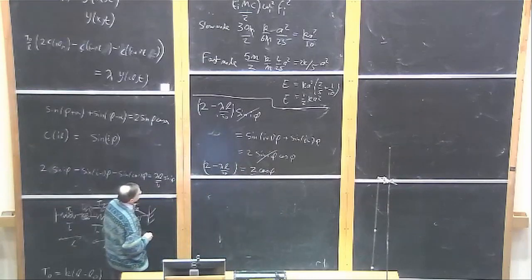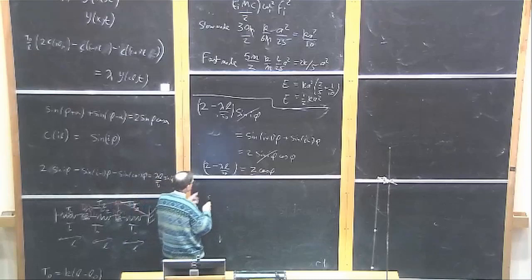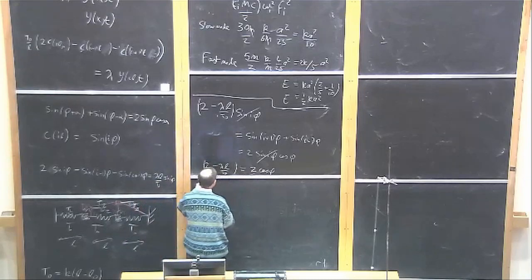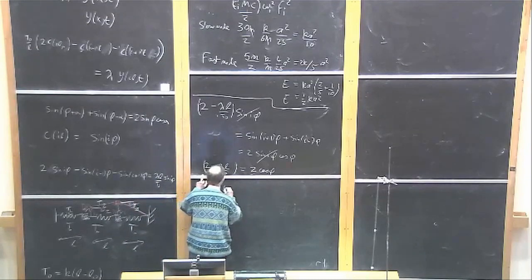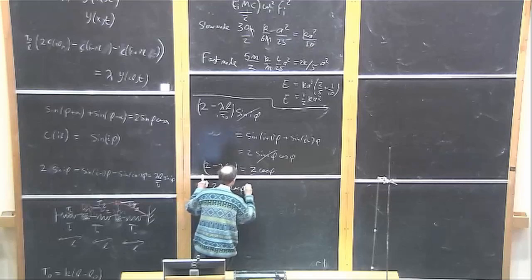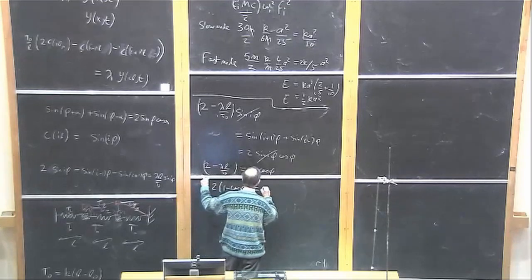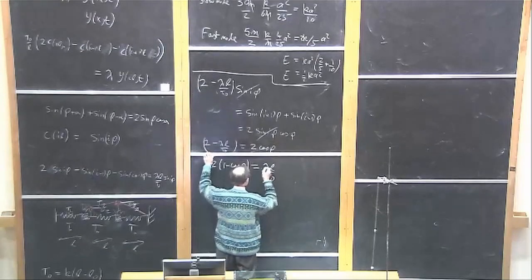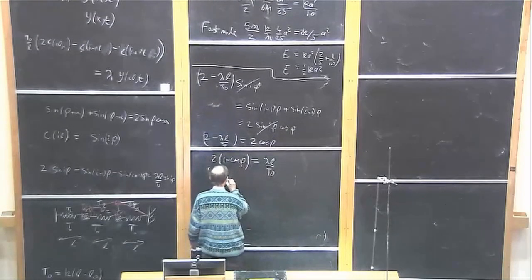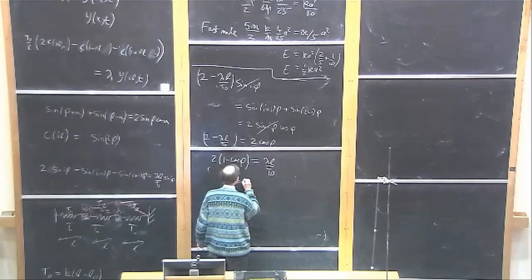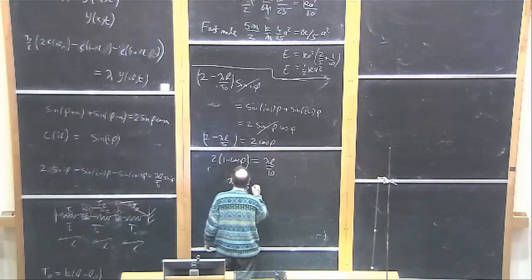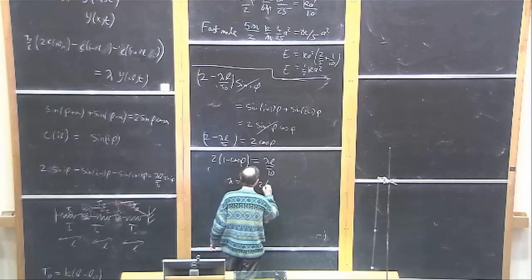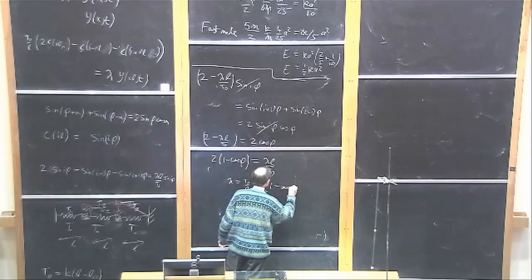Is that right? Yes. So, 1 minus cos phi equals lambda L over T naught. And so, lambda is T naught over L times 1 minus cos phi.